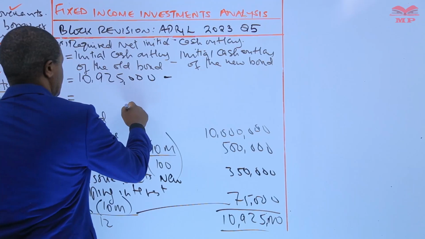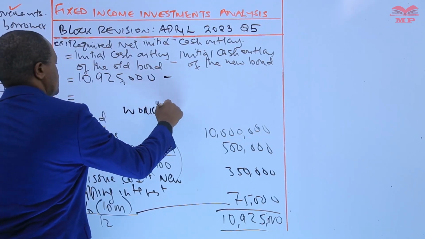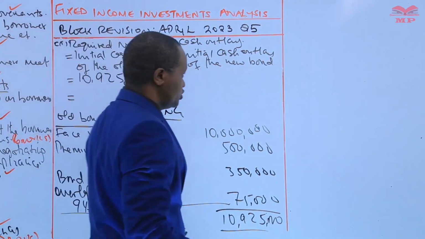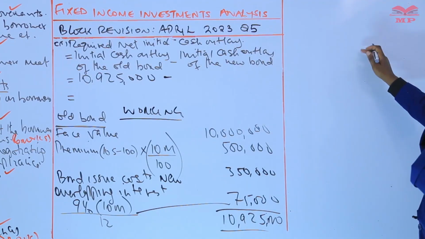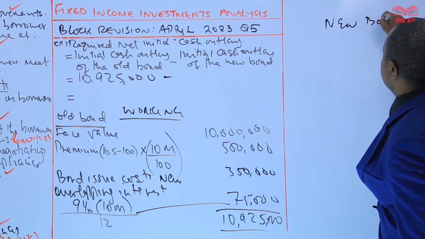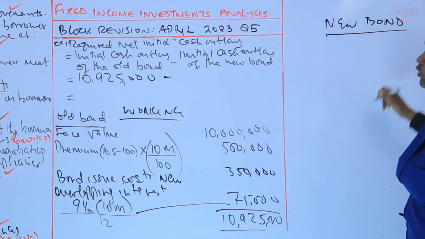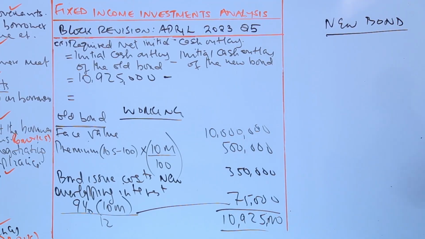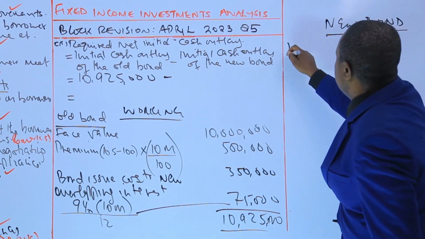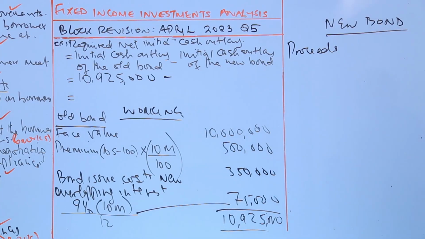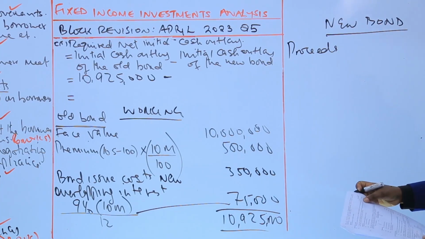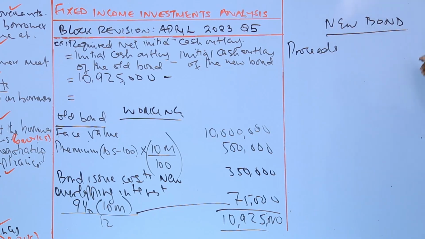We then calculate the initial cash outlay of the new bond. These are just workings. Working 2, we are going to calculate the initial cash outlay of the new bond. First of all, we'll have the proceeds from the new bond, which are 10 million.